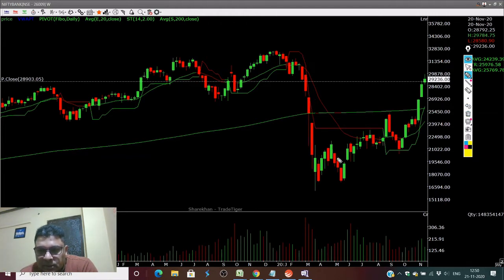You need to understand those very carefully, and the location is also very important. Here the location was very far from this moving average, which is our 200 period moving average, and this is our 20. Whenever the price goes away from the 20 and 200, it will definitely try to come back to the 20 first and then again the 200.